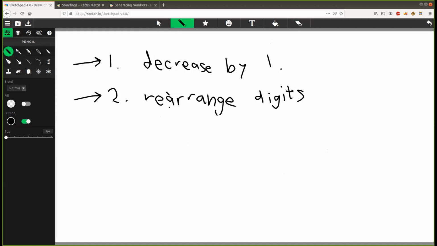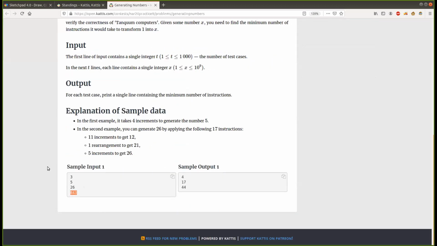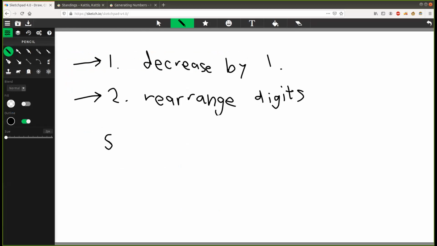So the rest of the problem, in terms of thinking how do we take a number down to a power of 10, is kind of tedious and working in cases. For example, let's take the number 843. We need to take it down to 100. How many times do we have to decrease?